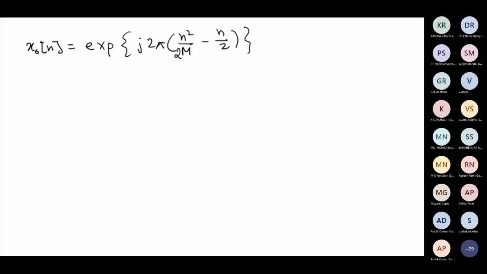Upon simplification, it turns out that x_0[n] is equal to exponential j 2 pi (n squared by 2M minus n by 2), and this time index n goes from 0, 1, to M minus 1.